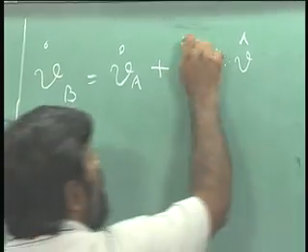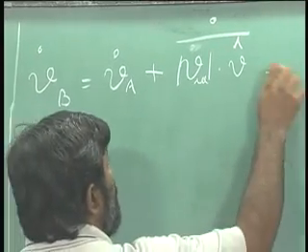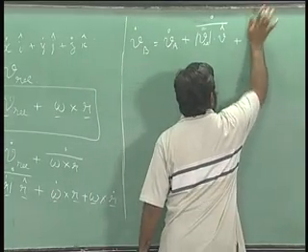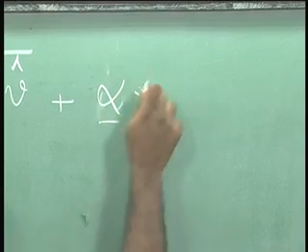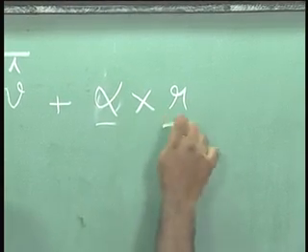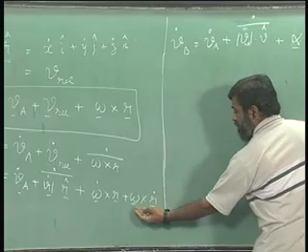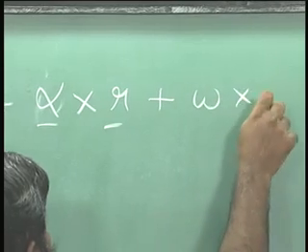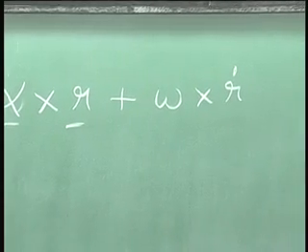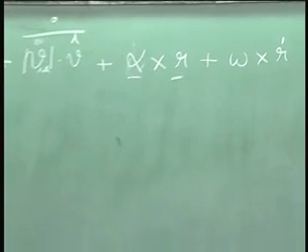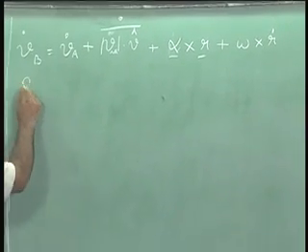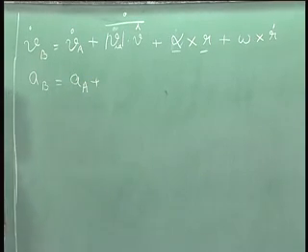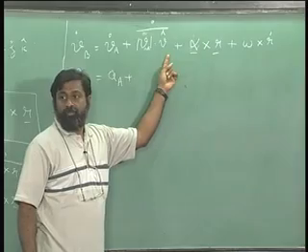This whole thing taken derivative of, plus omega dot, which is nothing but alpha, cross R, that does not change. Again I have omega cross R dot. Now, this is acceleration of B, this is acceleration of A, plus this I have to now resolve.